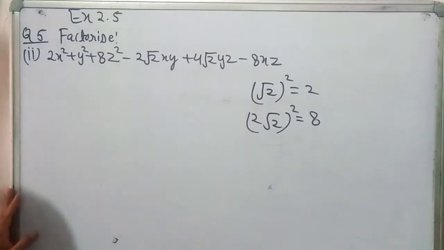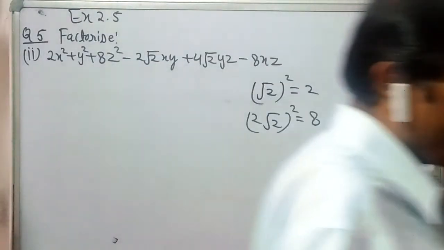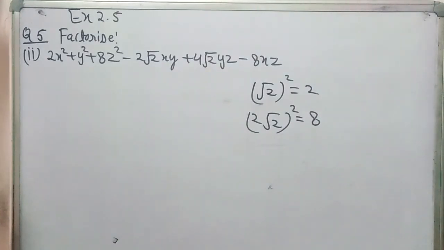Second task is to identify the negative term. What we are seeing over here is the terms having variables x and y, that is 2 root 2 xy is negative, and the term xz, 8xz is negative. The common variable in it is x.